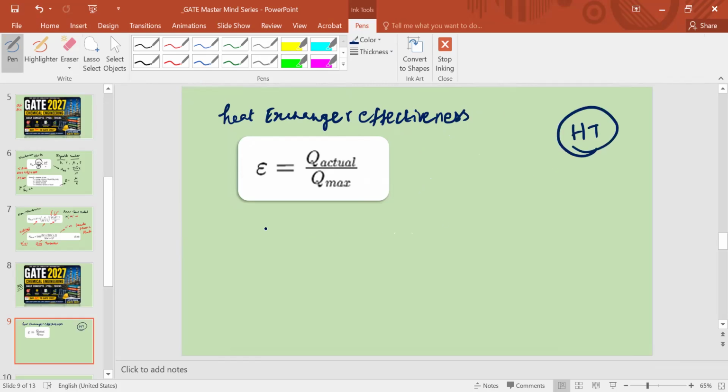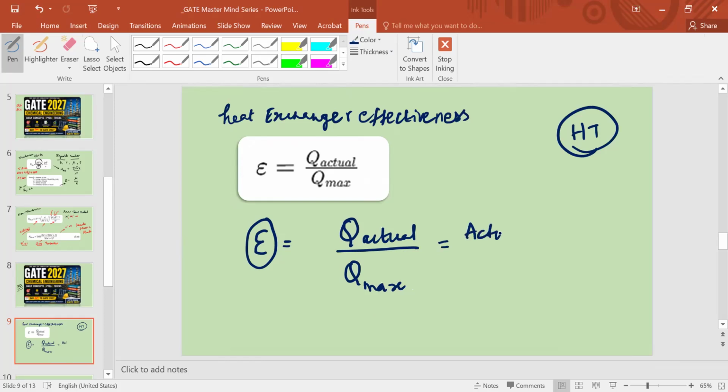As you can see, the symbol is given for heat exchanger effectiveness, and you can say it is Q actual, heat exchange actual, by Q max, heat exchange max. But we need to understand and define these two.